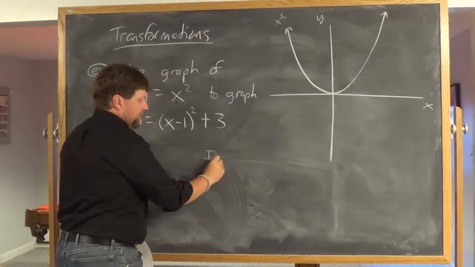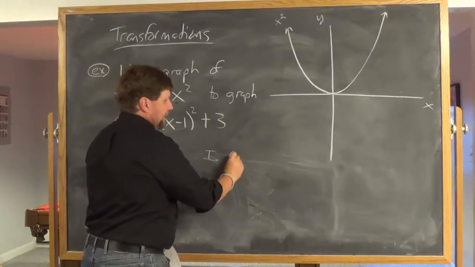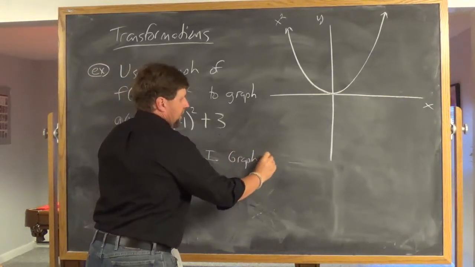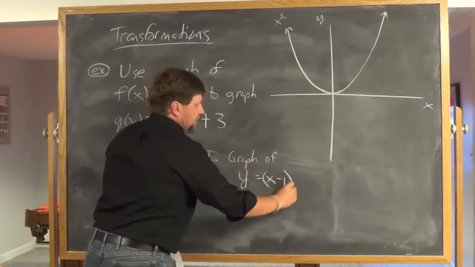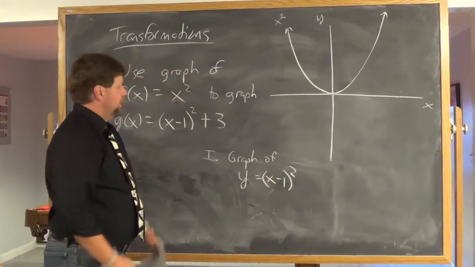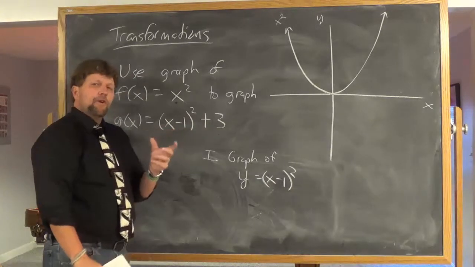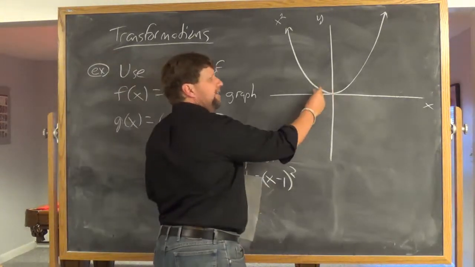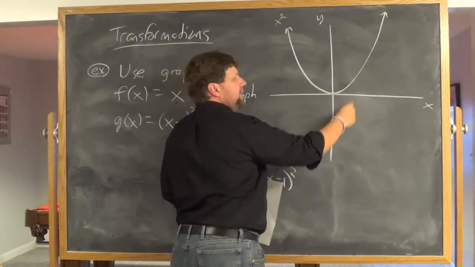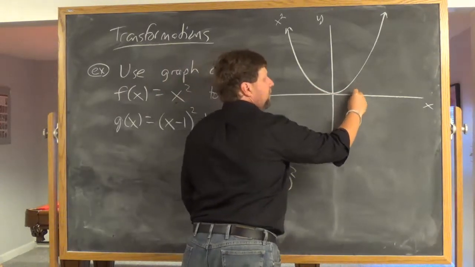First, the first stage would be to get the graph of (x minus 1) quantity squared. It's the first part here. It's the horizontal shifting. So that's taking this graph and shifting it to the right 1 unit.